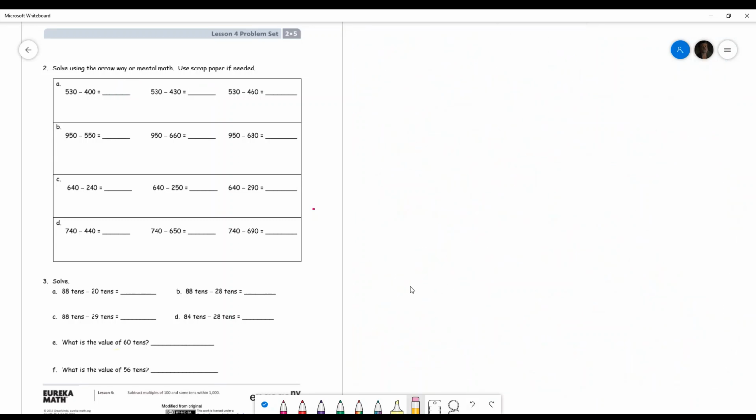Let's look at number 3. So the first one says 88 tens minus 20 tens. Now remember, using your place value. If you have 88 tens, what would that number be?